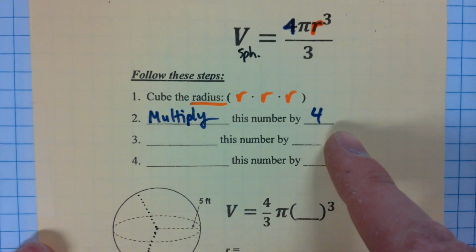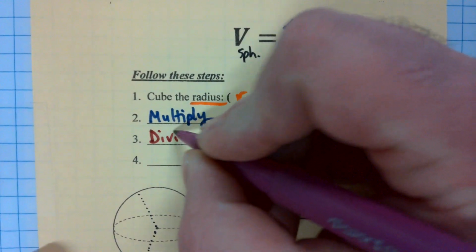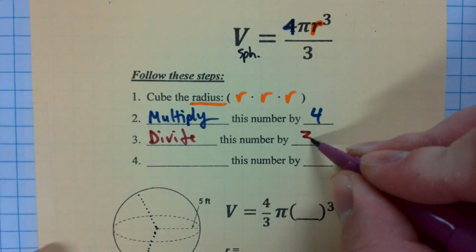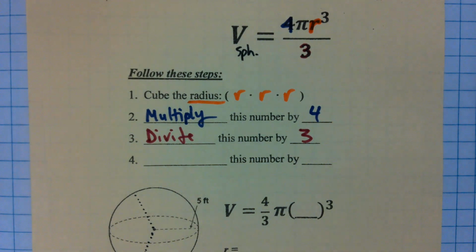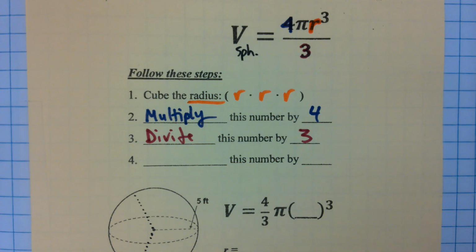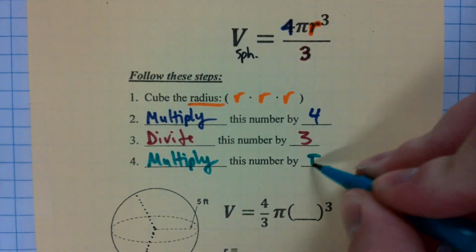After we multiply this number by 4, we'll end up with some new number that we're then going to divide by 3. Whatever number we get from step 3, we're going to apply the next step, step 4, which is to multiply this number by pi.